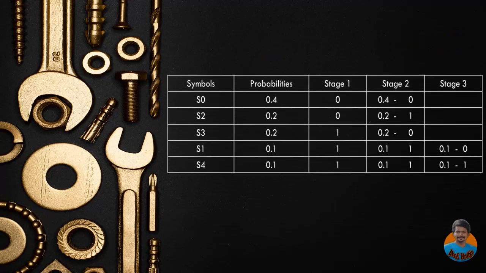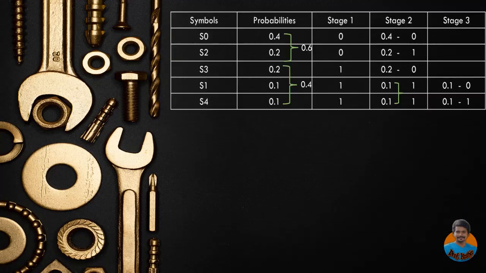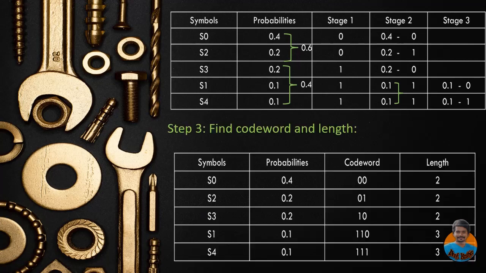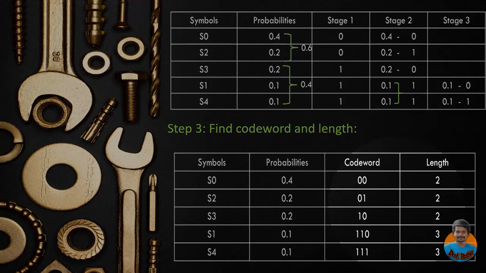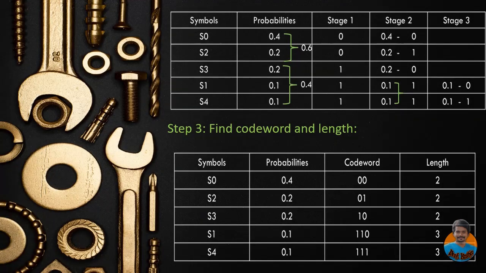Let's keep this table aside and create a new table for finding the code word and its length. Place the symbols and probabilities in the same order as in the previous table and include two new columns, namely code word and length. For S0, that is 0.4, in stage 1 it is 0 and in stage 2 it is 0, so the code word is 00.